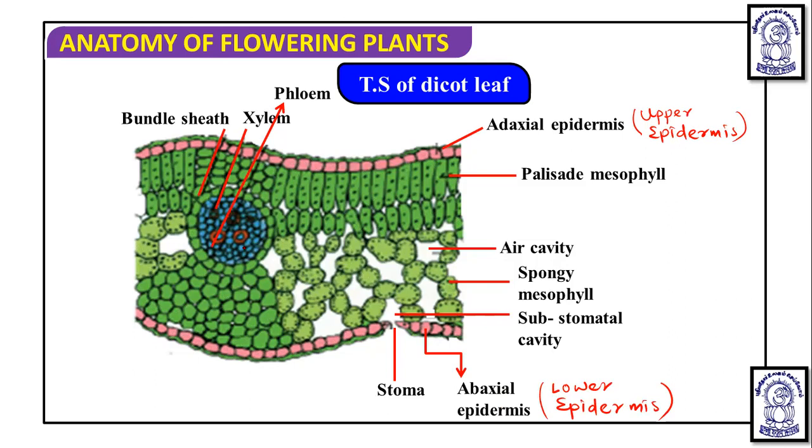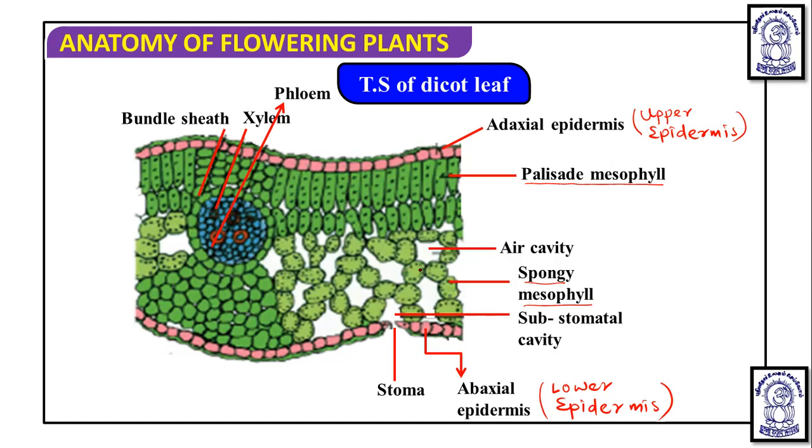Between the upper and lower epidermis, you will see the presence of mesophyll cells. But the mesophyll cells in a dicot leaf are differentiated into two types: the palisade mesophyll and the spongy mesophyll. You can see the palisade mesophyll are somewhat columnar, whereas the spongy mesophyll are somewhat oval or rounded.